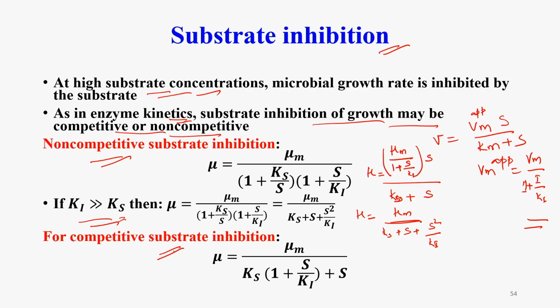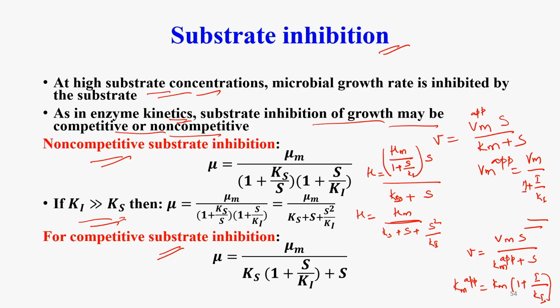Similarly, there can be competitive substrate inhibition as well. In competitive enzymatic inhibition, if you remember, it was V equals V max S upon Km apparent plus S, with no change in the V max. And Km apparent is Km times 1 plus I upon Ki.